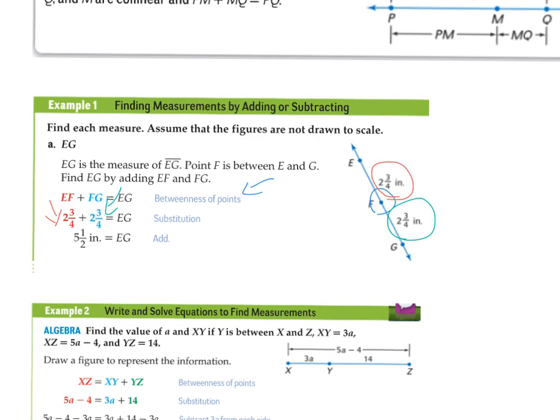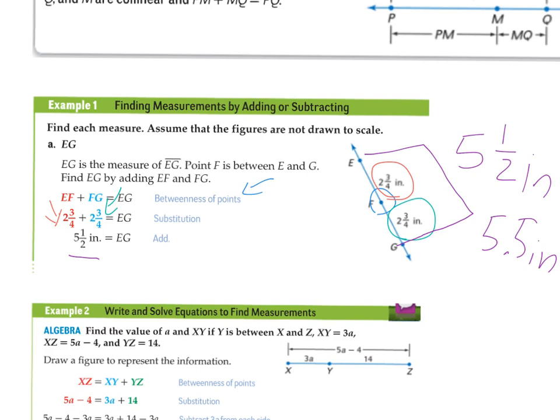We combine our like terms. 2 3/4 plus 2 3/4 gives us 5.5 inches, indicating that the full distance here between E and G is equal to 5.5 inches. Now folks, those are the basics.